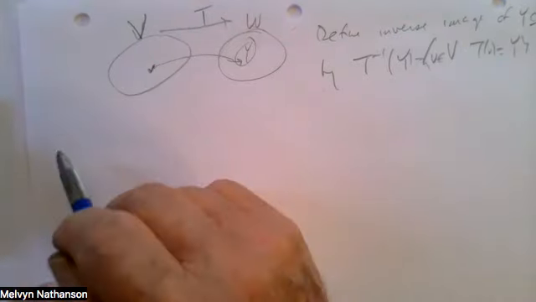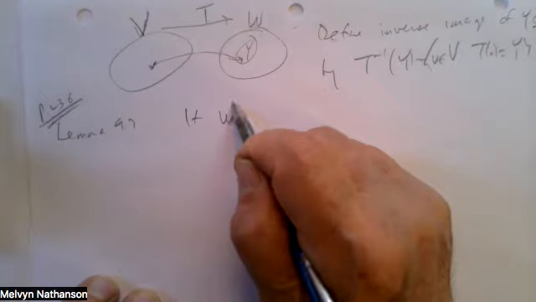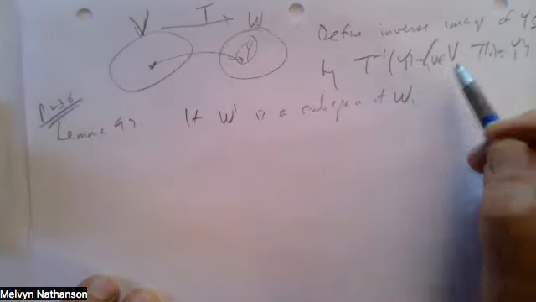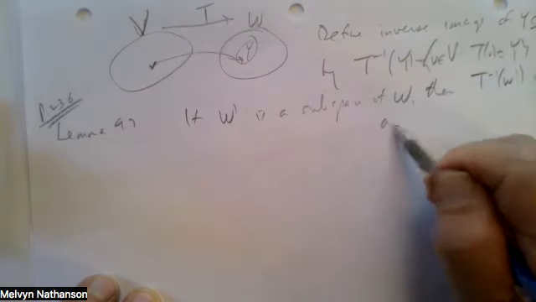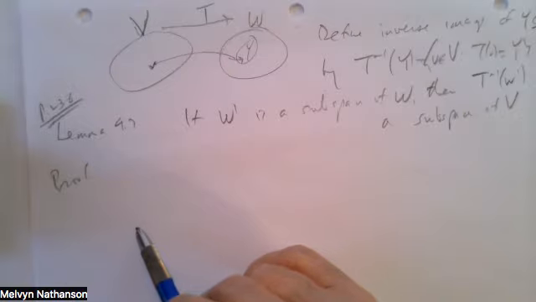And the second part of this lemma, which is 11.4.7, if you're following in the book, as I hope you are, this is on page 236. It says that if W prime is a subspace of W, then the inverse image of W prime is a subspace of V. And again, the proof goes in 3 steps.